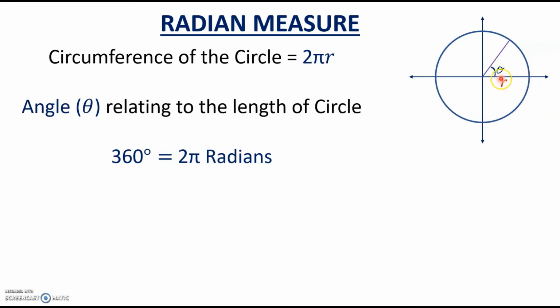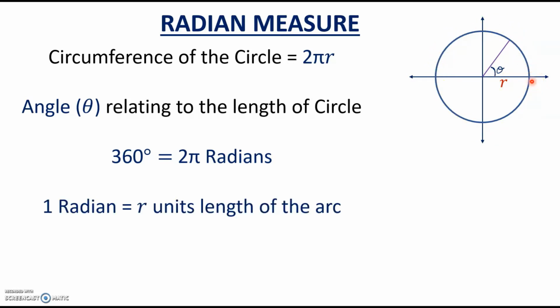So, we equate the 360 degrees to the 2 pi r, and we define the arc length which is equal to the radius as 1 radian. Therefore, 1 radian measure is nothing but the length of this arc, which is equal to 1 radius.